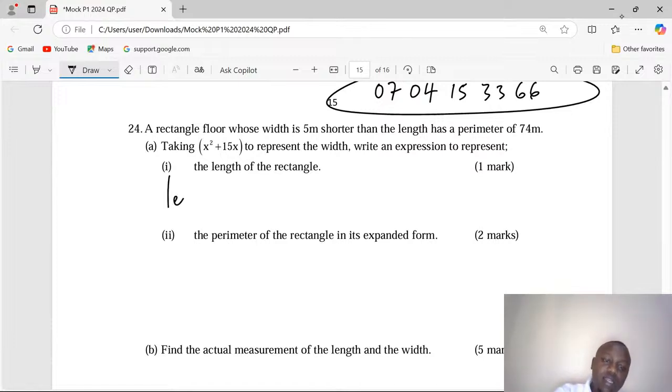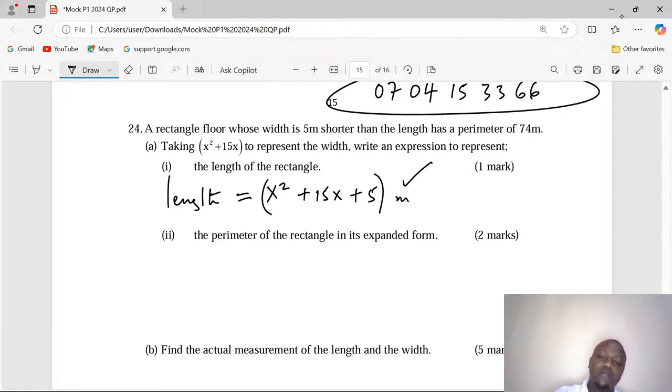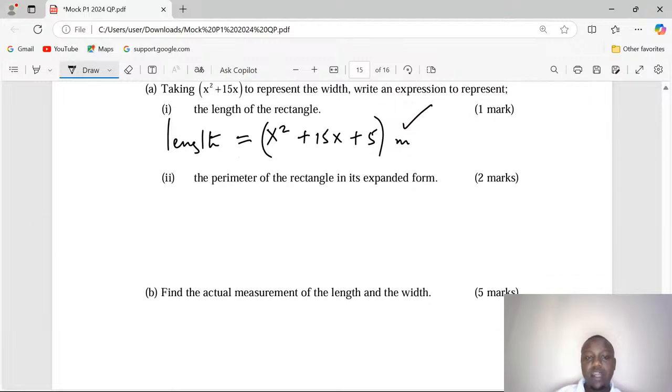You know the width is 5 meters shorter, which means the length is going to be the expression of width plus 5, in meters, of course. Then the perimeter.